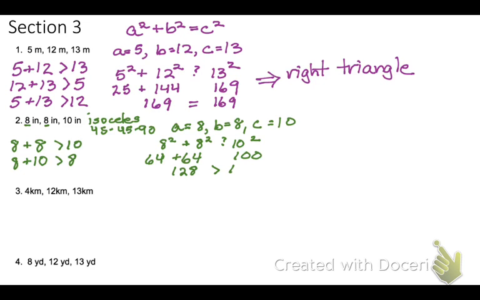This is greater than 100. So this is an acute triangle. Remember, when a squared plus b squared is greater than c squared, it's going to be an acute triangle.